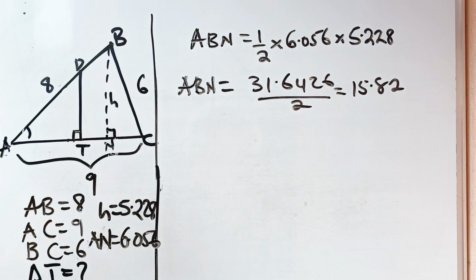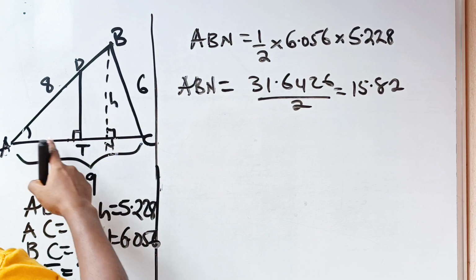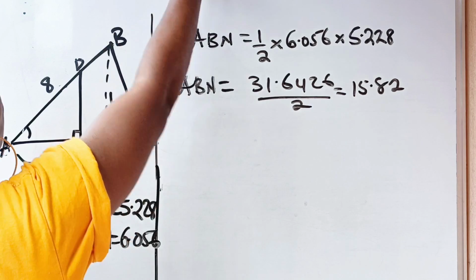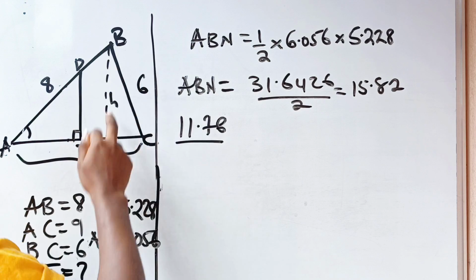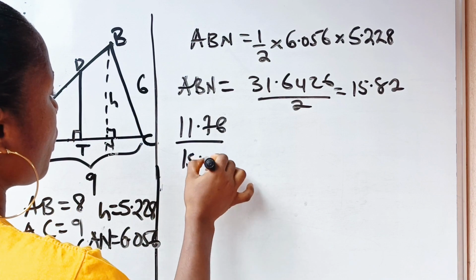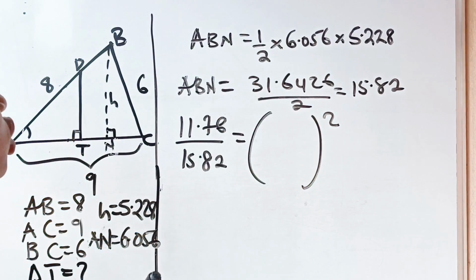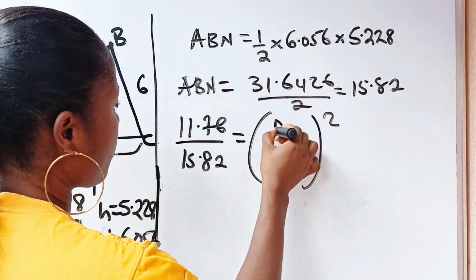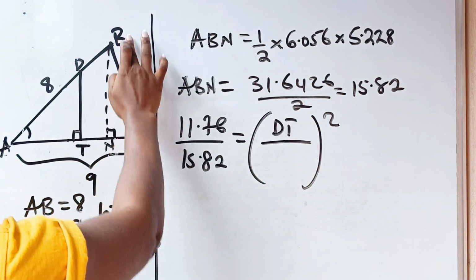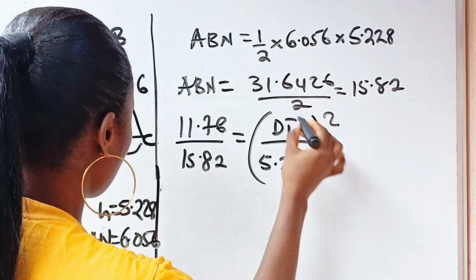Now let us apply that particular rule. The theorem states that the ratio of the areas of the two similar triangles, the area of triangle ADT, which is 11.76, divided by the area of triangle ABN, which is 15.82, is equal to the square of the ratio of the corresponding sides. The corresponding sides are DT and BN, which happens to be our height, 5.228.